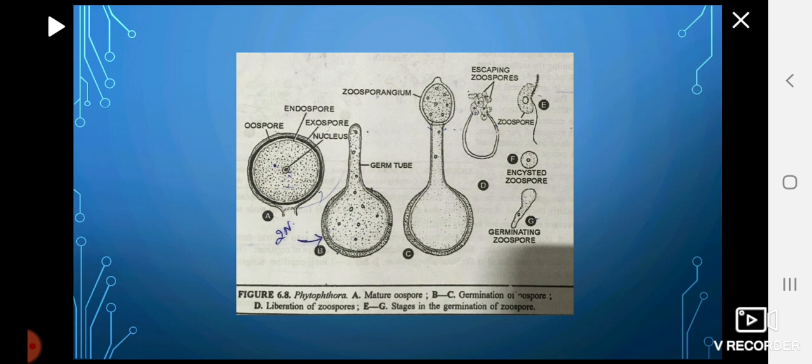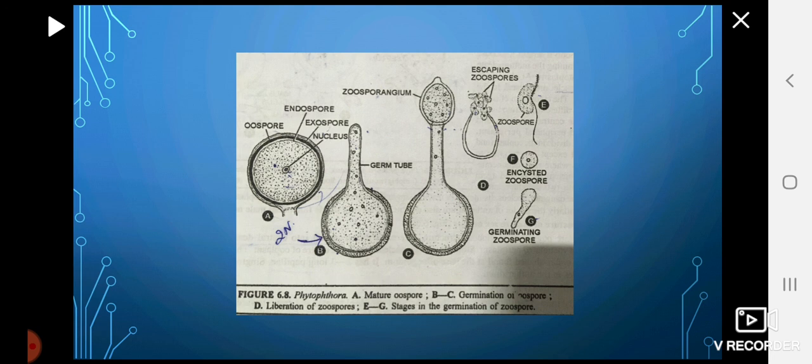The diploid nucleus divides by meiosis just before germination. Now the further nuclear divisions are mitotic, and in this way a large number of nuclei are formed. Now the outer wall of the oospore cracks and the inner wall comes out in the form of a tube, and at the terminal end of the germ tube it develops a zoosporangium.